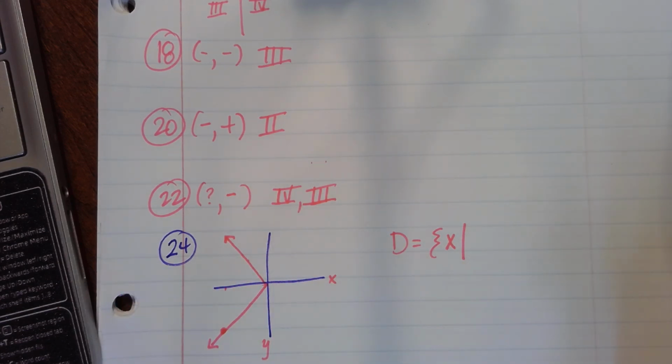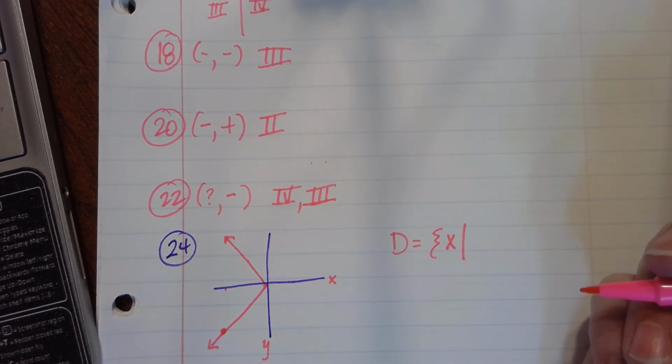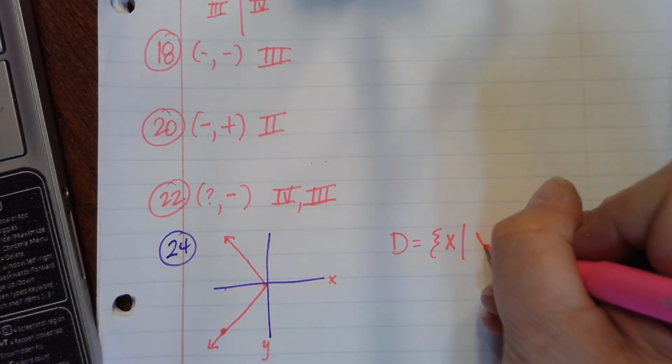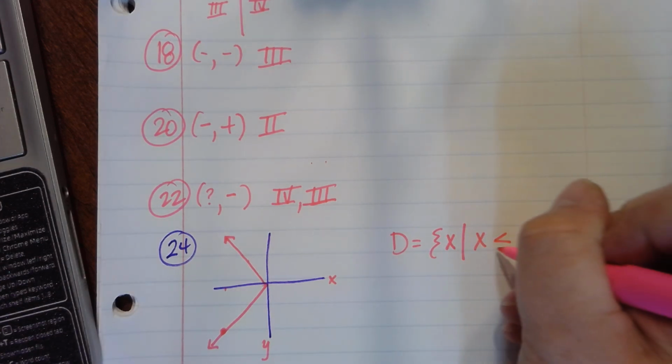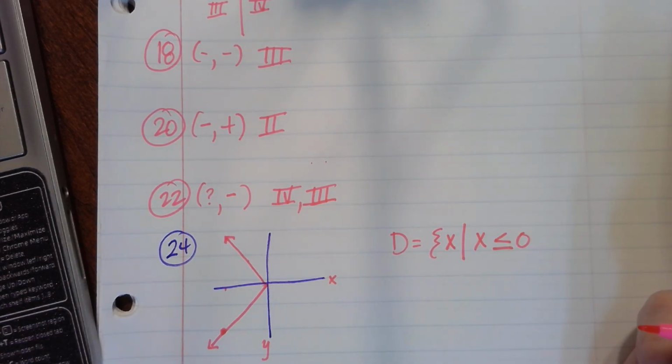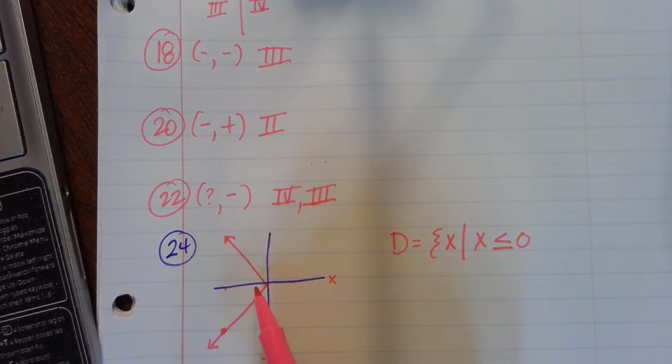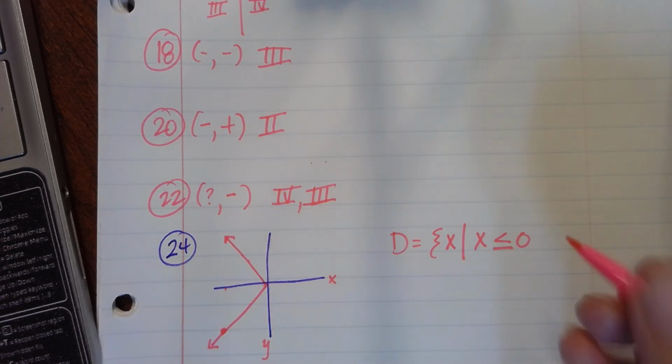So I'm going to say that x is such that x is less than or equal to 0. Okay, so it includes 0, but this is the direction I'm going in, right? X is always going to be smaller. And close that out with a fancy squiggle.